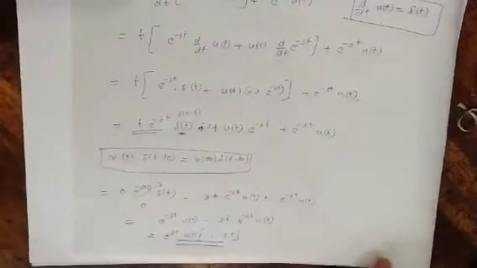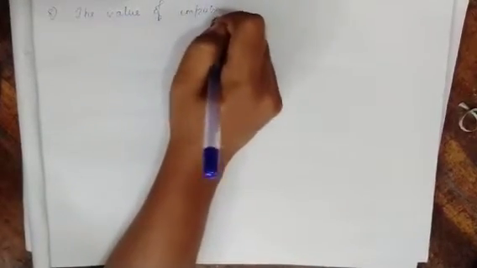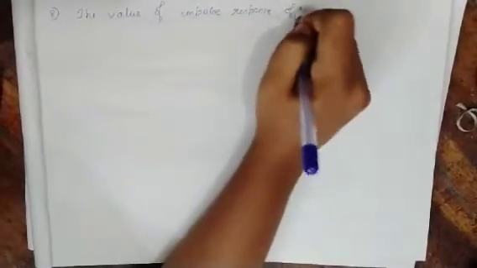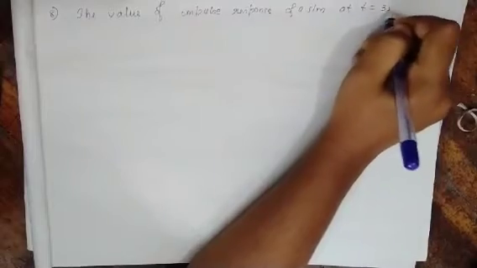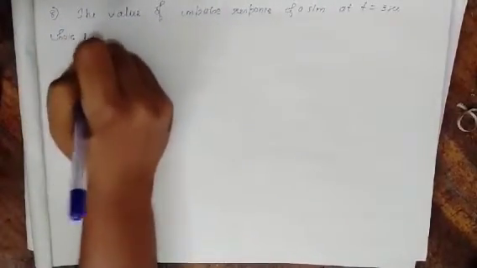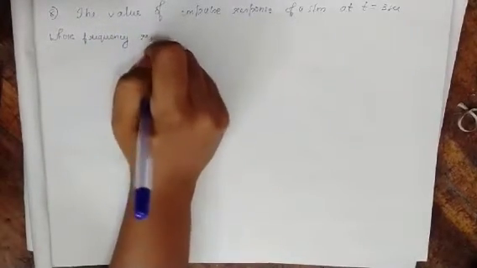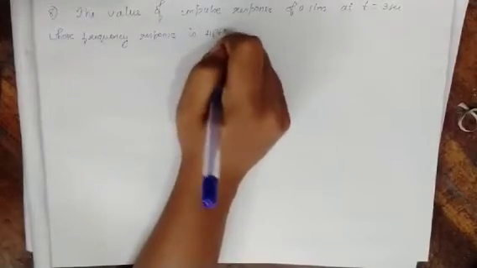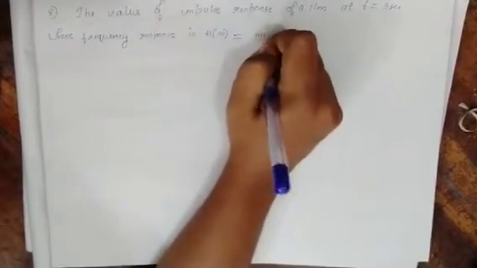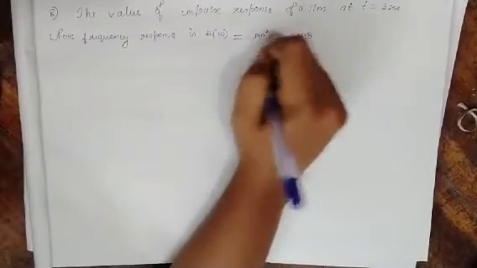Okay, this is an important question. The value of impulse response of a system, the value of impulse response of a system at t is equal to 3 seconds, whose frequency response is h of omega equal to sine square 3 omega into cos omega divided by omega square.